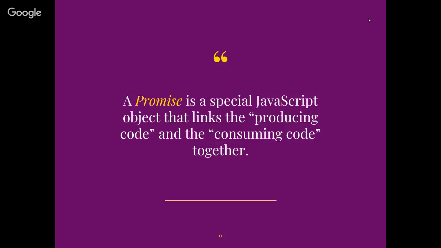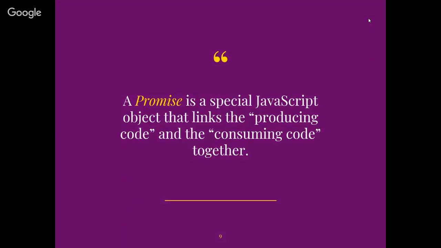So in the meantime that the producing code is executing, the consuming code is waiting for the producing code to finish, because the execution of the consuming code depends on some part of the producing code. In our example, maybe the script contains some variable or some function that the consuming code needs.